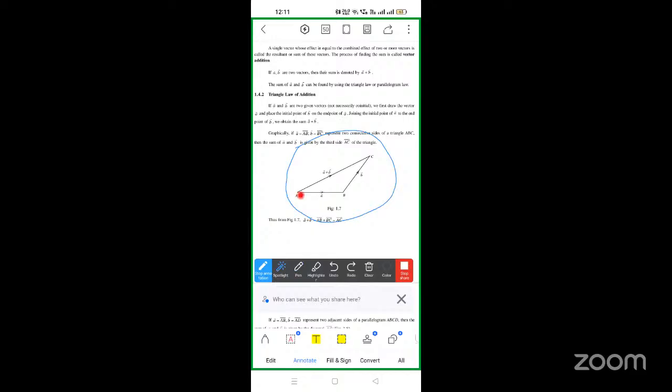So these two sides, AB plus BC, the addition of these two sides gives the third side of the triangle, that is AC, a plus b.